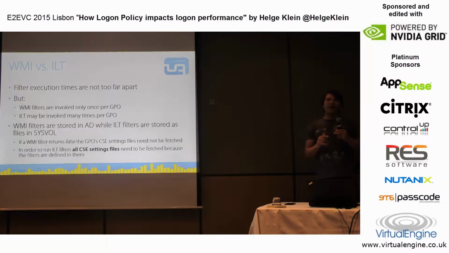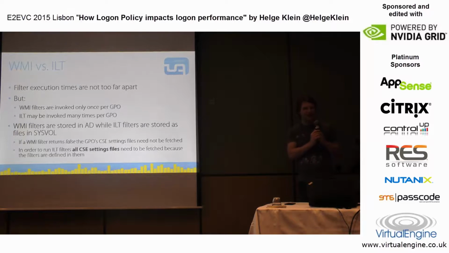So when the group policy engine needs to determine if a GPO is to be applied, in the first case it needs to talk to Active Directory anyway. And so it doesn't have to fetch any files in order to be able to determine whether to process that GPO.